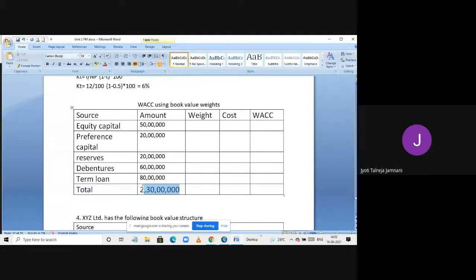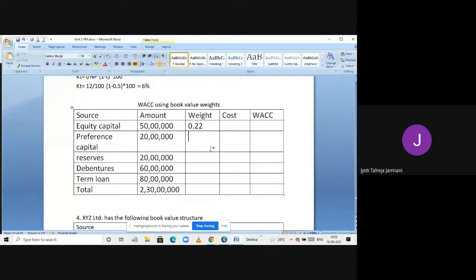If we add all this, we can find the weightages. So just see 50 lakh divided by 2 crore 30 lakh. 0.217. So we'll take it as 0.22.